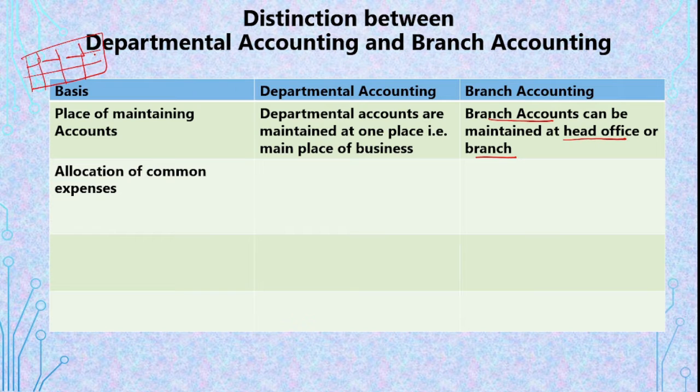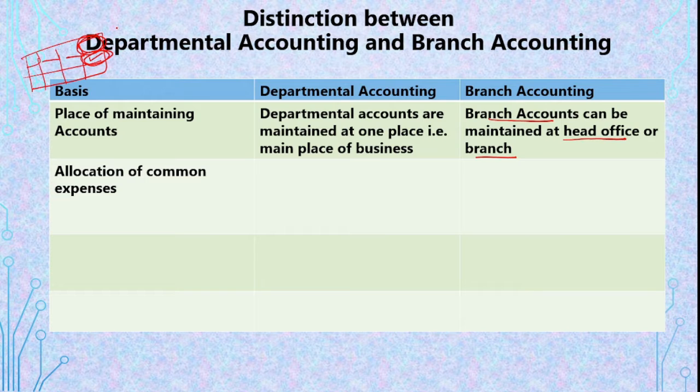Now do you think that they are taking this section on rent at one time, that section on rent at another time? No, they have taken the whole building on rent, or they have bought the whole building, and they have the common expenses. So they have common lighting, they have common heating, they have maybe common administrative expenses, etc. So they have some common expenses. These need to be allocated among the departments.